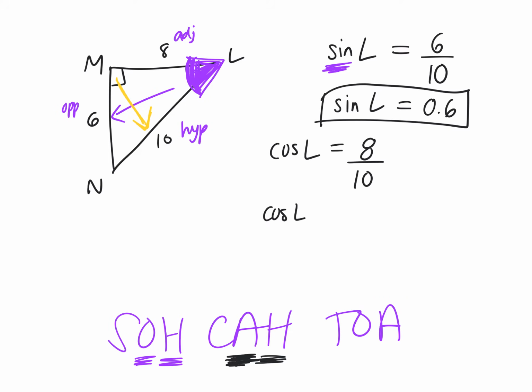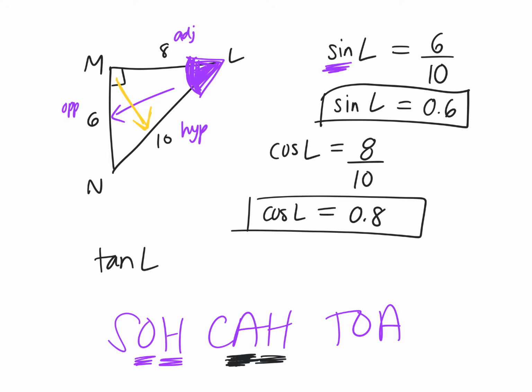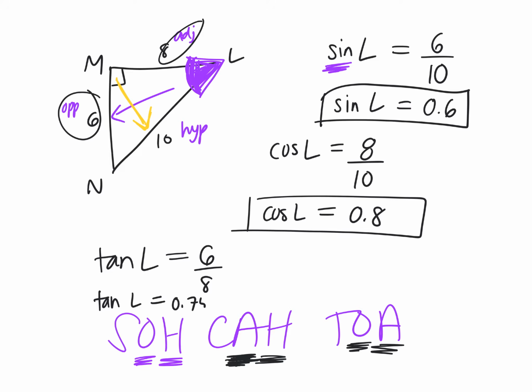So the cos ratio is equal to what? 0.8. And the tan ratio in reference to angle L as well. Opposite over adjacent is 6 over 8. What is that as a decimal? 0.75. So those are the three ratios when we're referring to angle L.